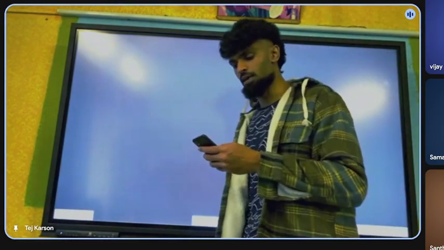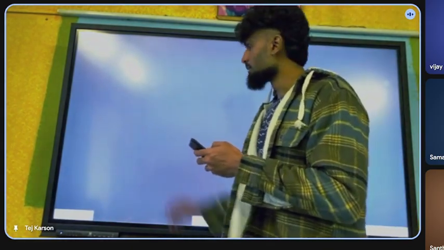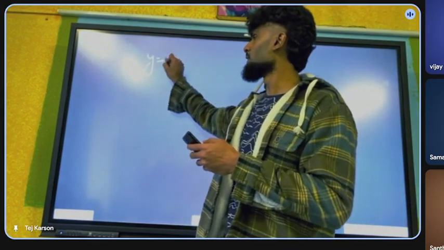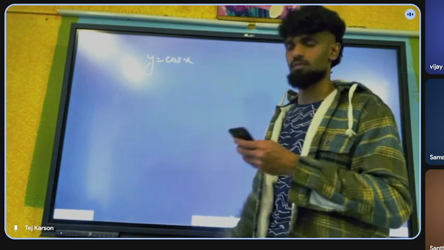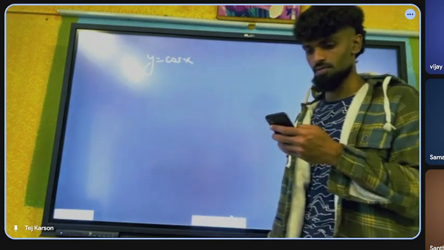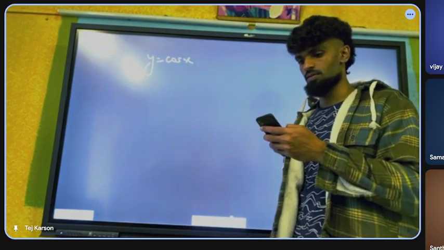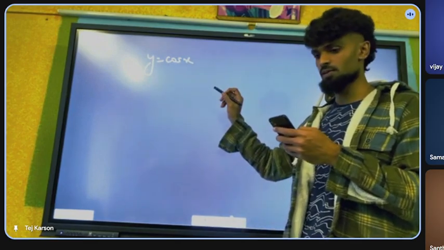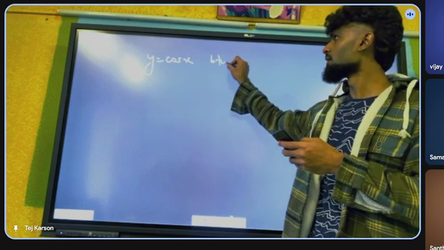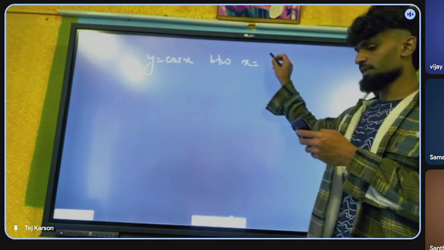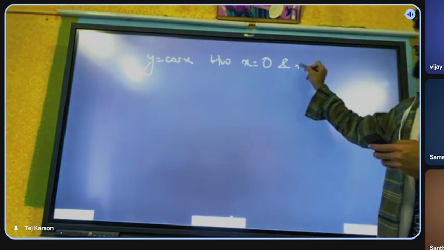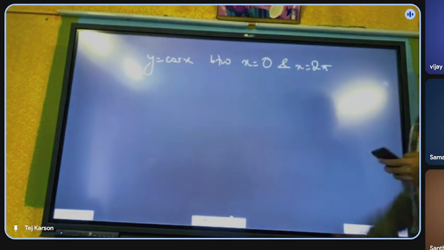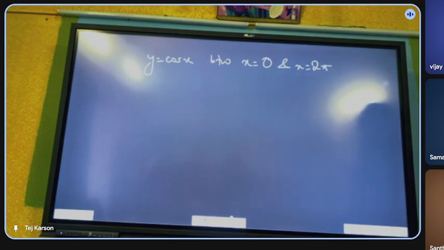Okay, next question. Find the area bounded by the curves y equals cos x between x equals 0 and x equals 2 pi. What they've given us.